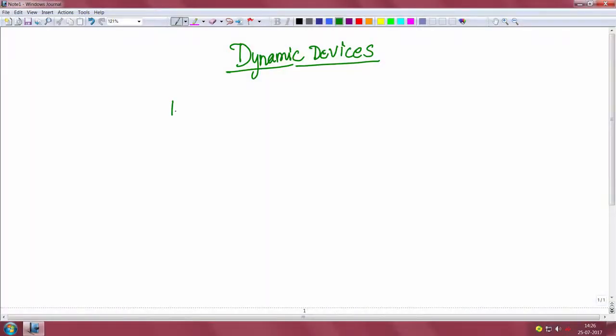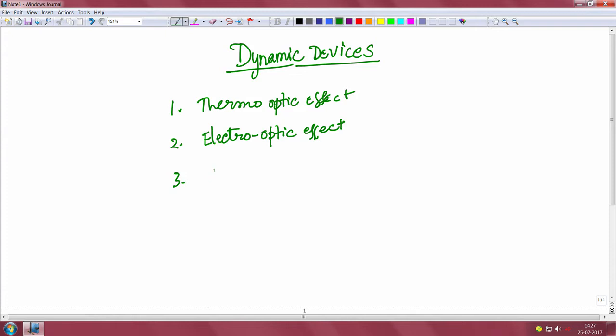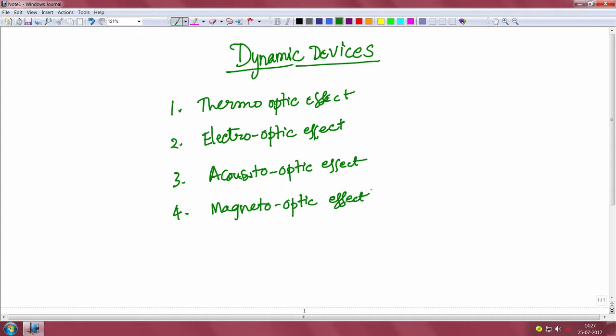To name some of them: the thermo-optic effect, the electro-optic effect, the magneto-optic effect, and of course nonlinear optical effects.